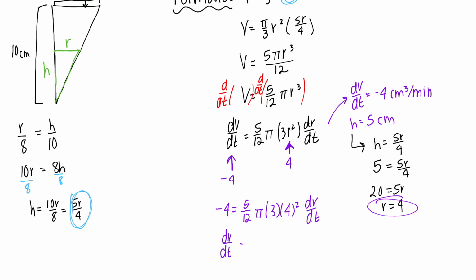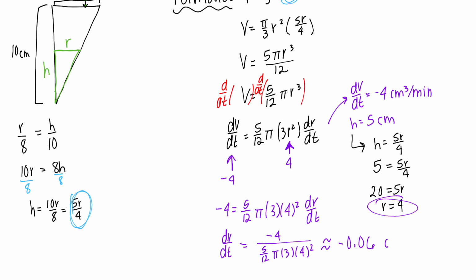So dr/dt is going to be equal to negative 4 over 5/12 pi times 3 times 4 squared. Plugging that into my calculator, negative 4, 5 divided by 12, pi times 3 times 16, I get approximately negative 0.06.